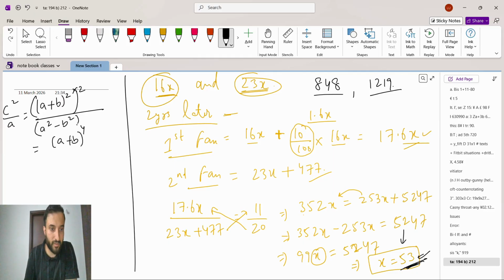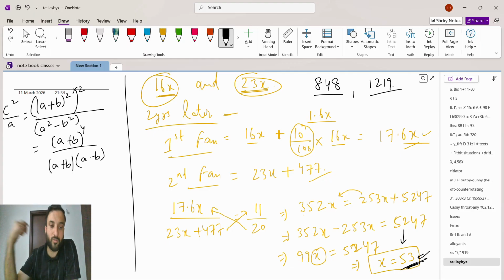And we know this mathematical term, A square minus B square, we will write as A plus B into A minus B. This is the mathematical identity, A square minus B square equals A plus B into A minus B. So A plus B and this A plus B will get cancelled, so it will become power 3. So the answer is A plus B whole cube divided by A minus B.